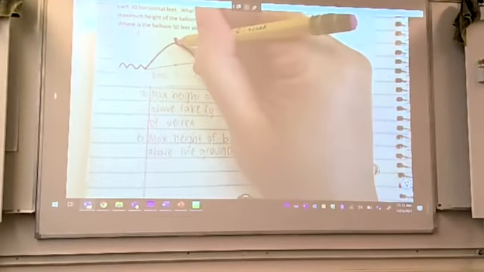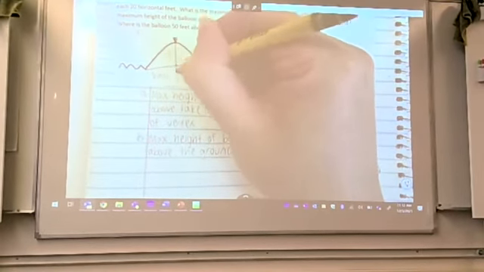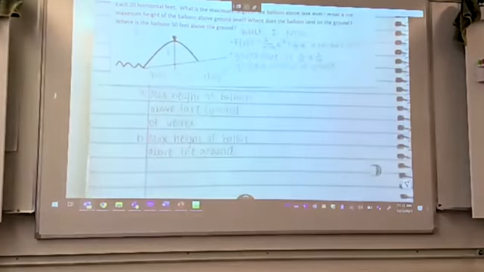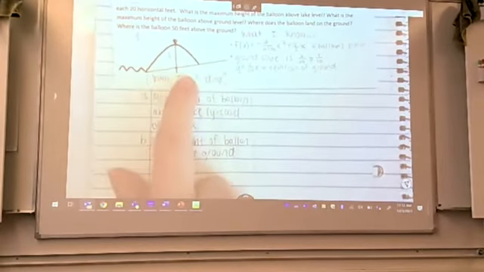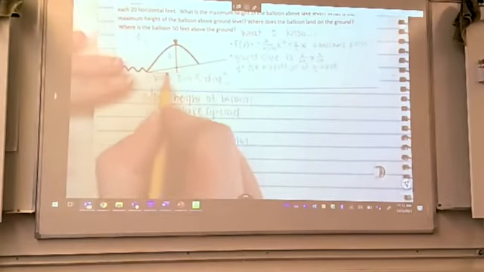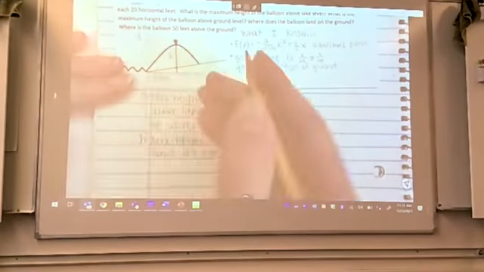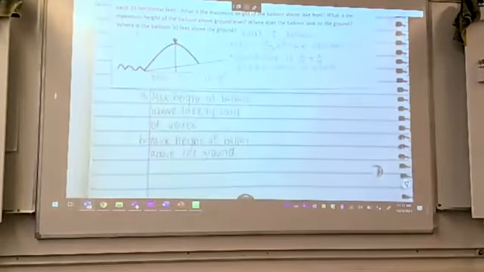When we figured out the vertex here, don't forget that that's this whole line, not to the ground, but to the ground underneath the ground. So when we find this y, we actually find this whole thing.